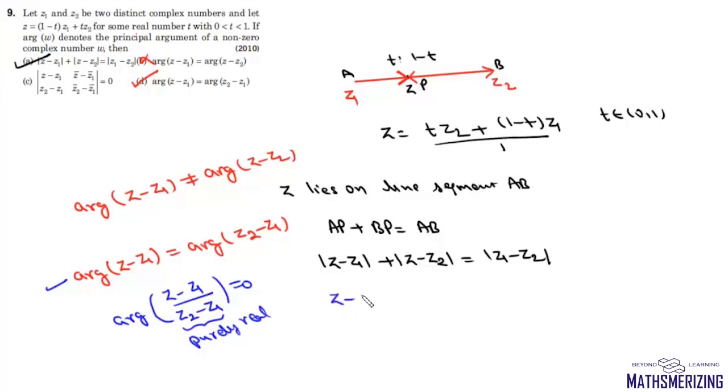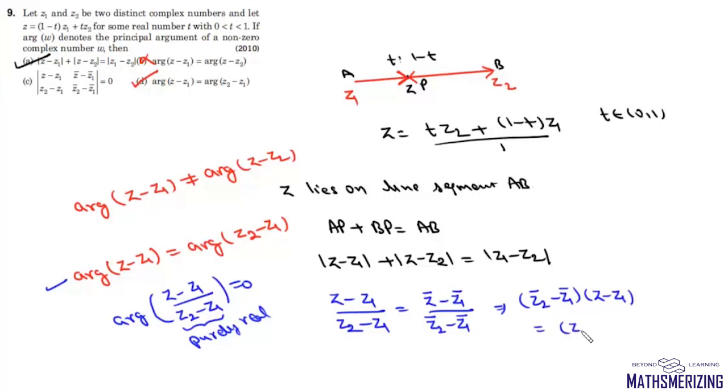So we can write (Z minus Z1) upon (Z2 minus Z1) must be equal to (Z bar minus Z1 bar) upon (Z2 bar minus Z1 bar). Now if we cross multiply, we can write (Z2 bar minus Z1 bar) into (Z minus Z1) must be equal to (Z2 minus Z1) into (Z bar minus Z1 bar). That means option C is also correct. So the correct options are A, C and D.